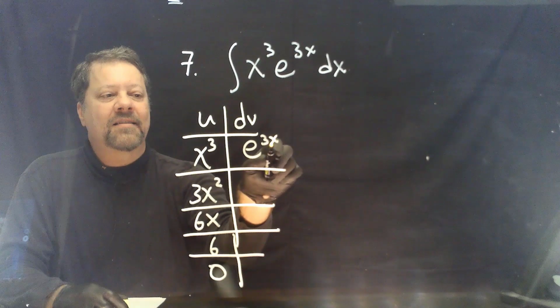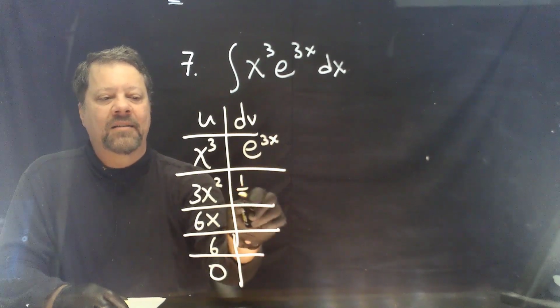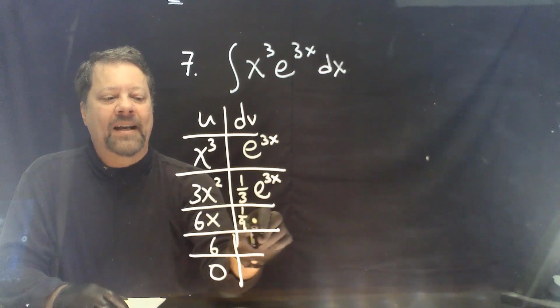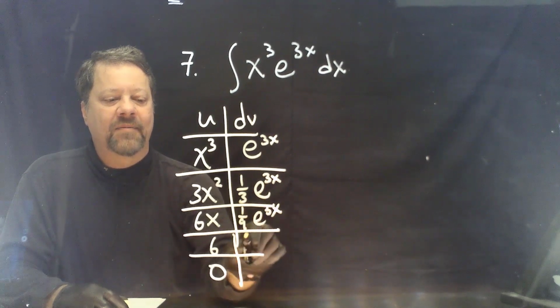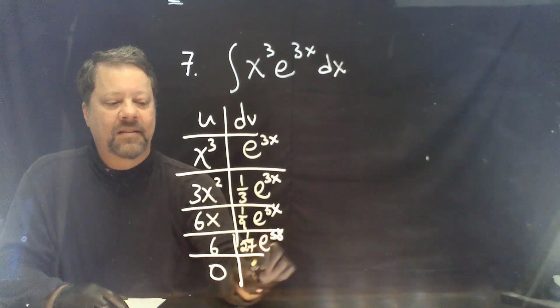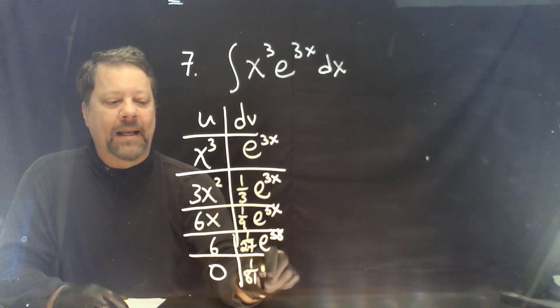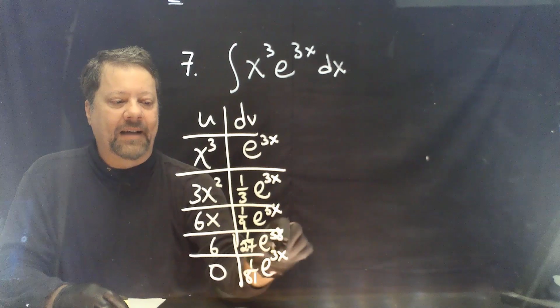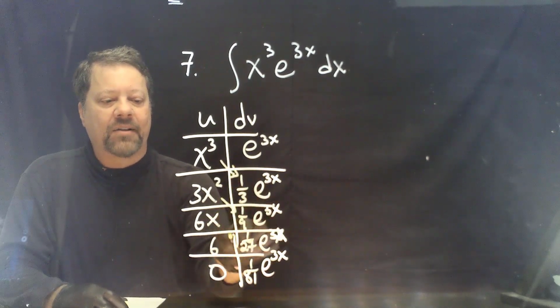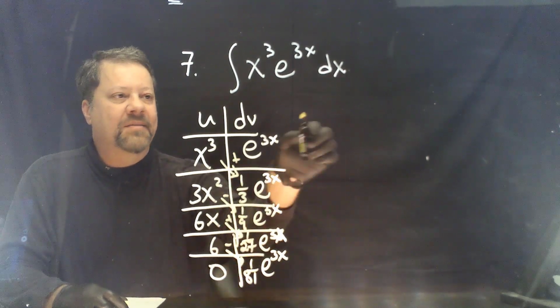E to the 3x, we integrate, so it's 1/3 e to the 3x, 1/9 e to the 3x, 1/27 e to the 3x, and 1/81 e to the 3x. Multiply down diagonals and alternate signs. Plus, minus, plus, minus.